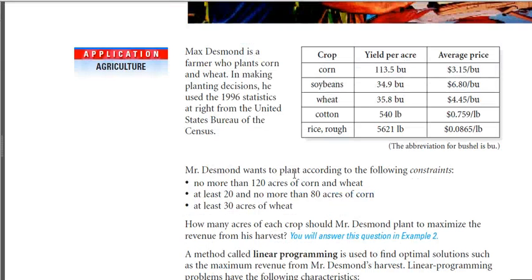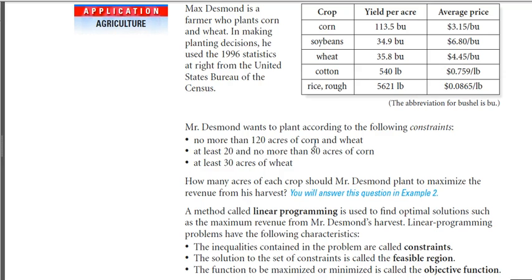Remember, we've got constraints. The first thing we're going to do is look at the constraints. If we look back at the picture of this, he said he wants no more than 120 acres of corn and wheat.